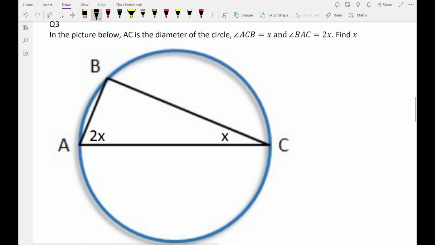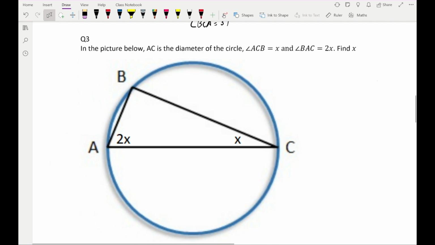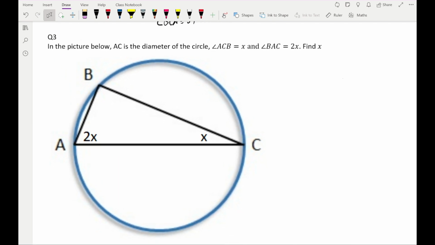Okay, next one. In the picture below, AC is the diameter of the circle, and then we have these angles x and 2x. Find x. So immediately we're going to apply our theorem. Angle ABC equals 90 degrees by angle in a semicircle.